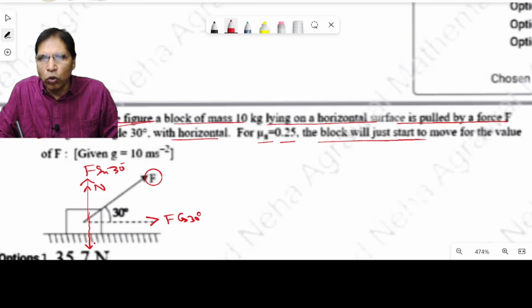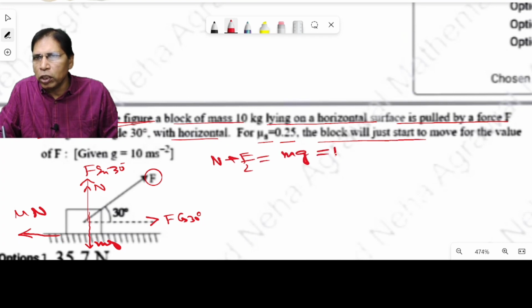The force of friction mu N acts along this direction. So N plus F sin 30 degrees equals mg. So N plus F by 2 equals mg, which is 100 Newton. So N equals 100 minus F by 2.